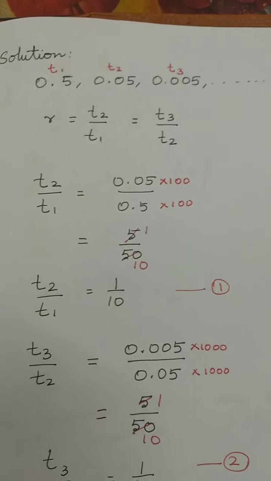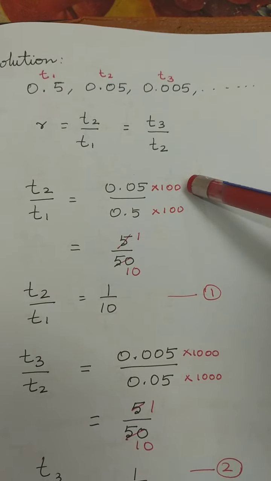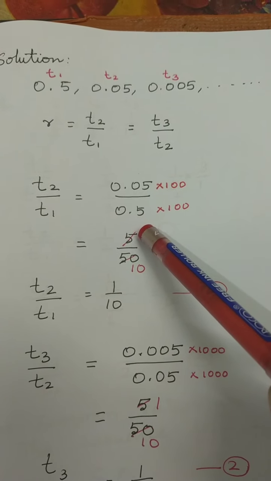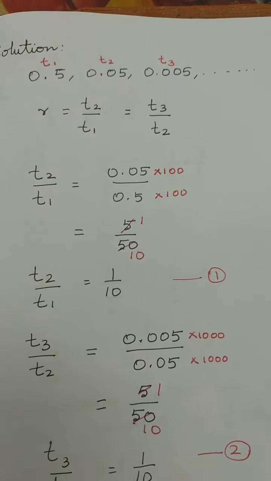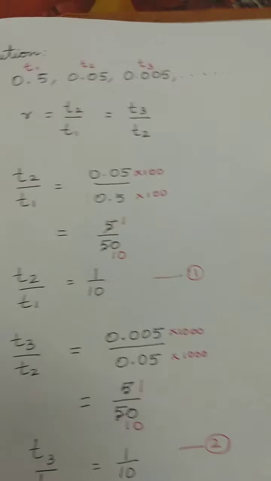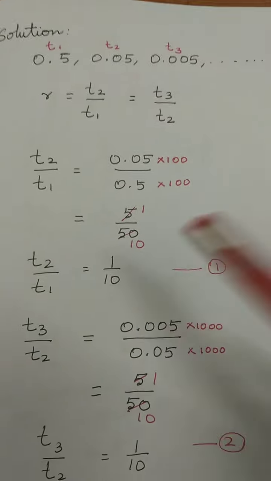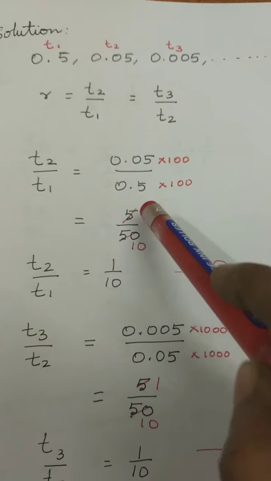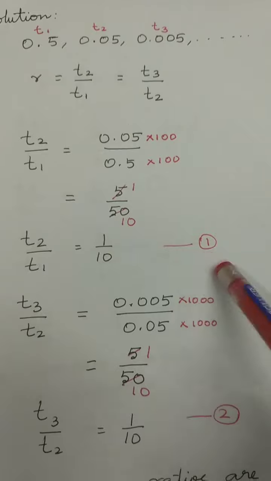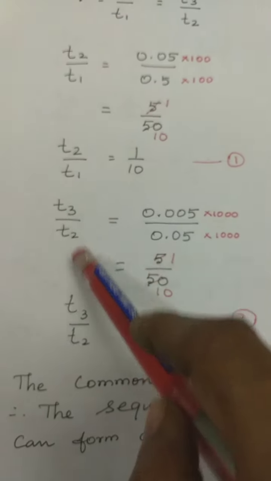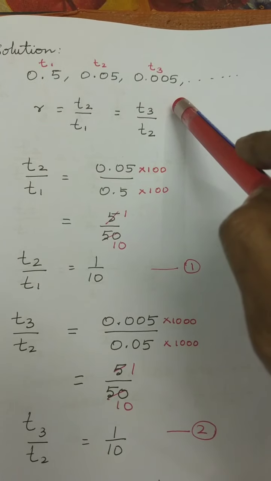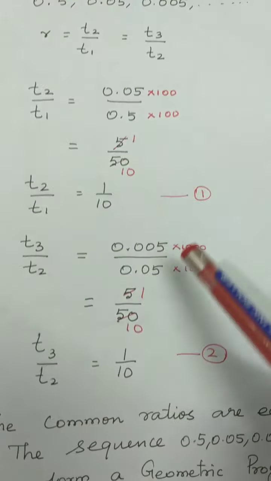0.5. So now we can multiply these two by 100 to make the decimal into a fraction, a whole number. Okay, 5 by 50. Now you cancel. 1 by 10. T2 by T1 is 1 by 10. Then T3 by T2 is 0.005 by 0.05.